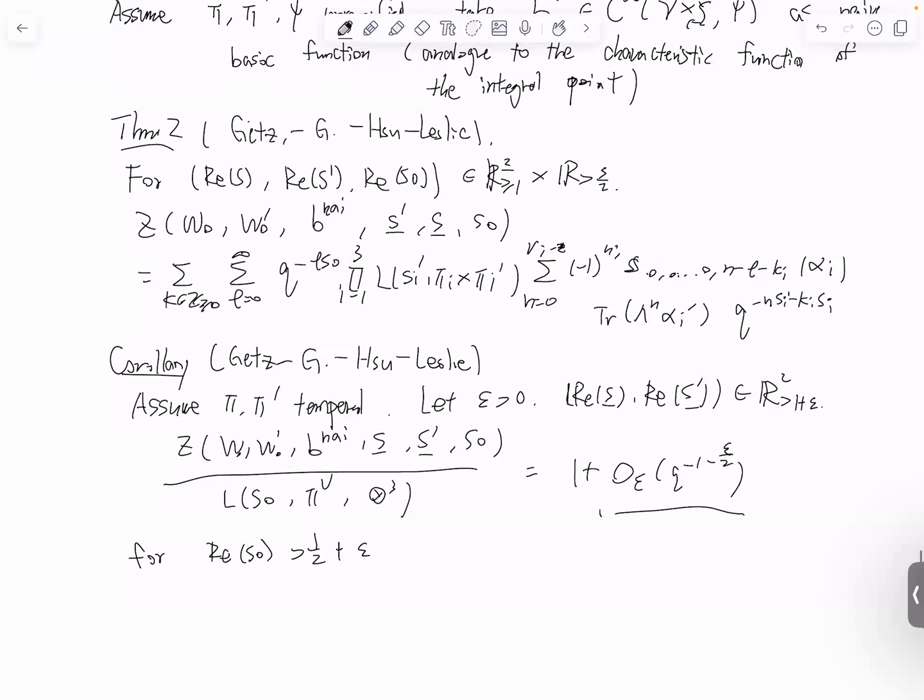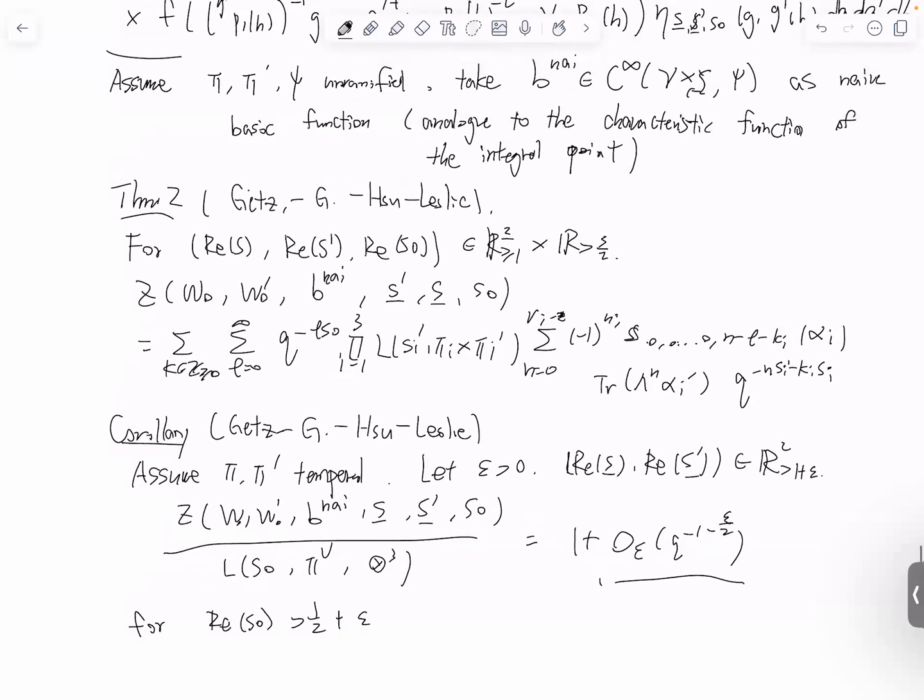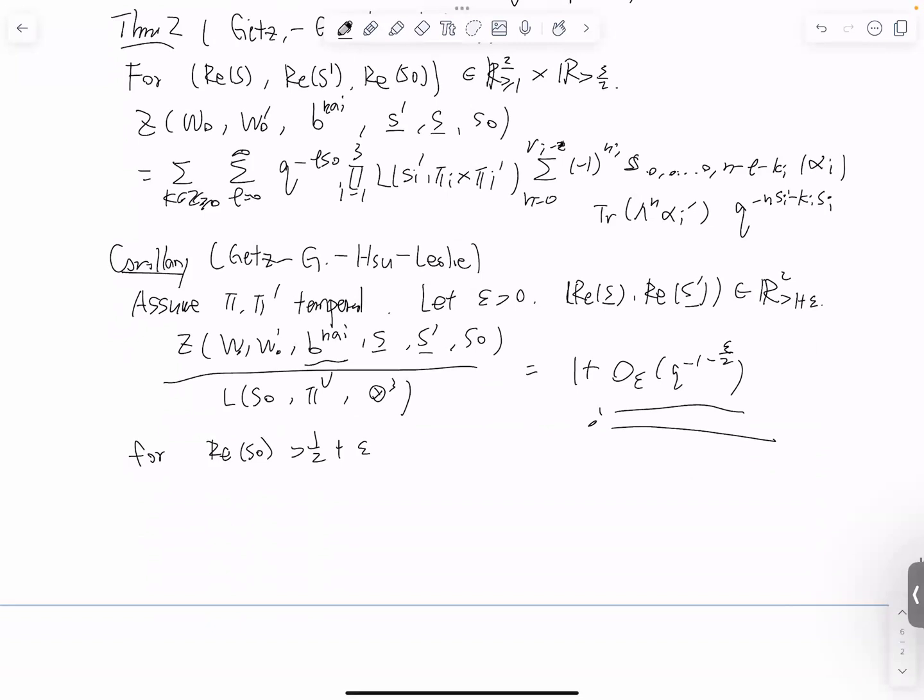So that's why so far we only have what we call the naive basic functions. We put this naive basic function here. Using just the naive thing, we can think of it as analogous to the characteristic function. But we should be able to modify it to get rid of this old term, so that we have only this triple L function. So this we are doing now. Okay, thanks.